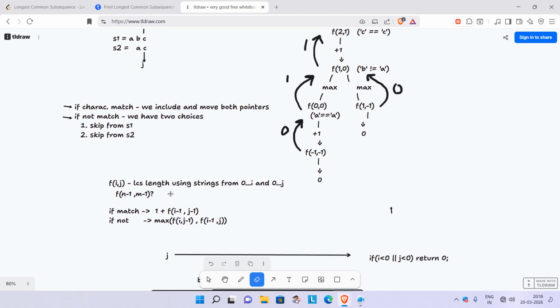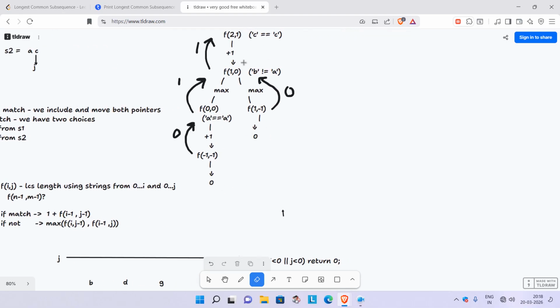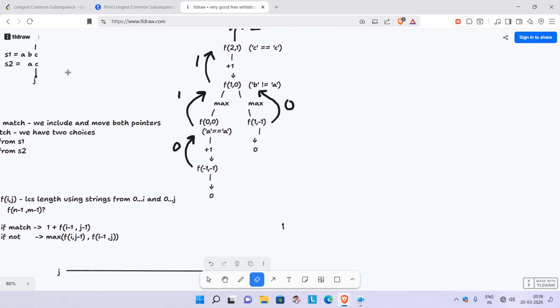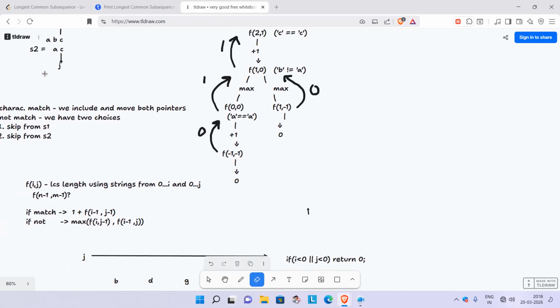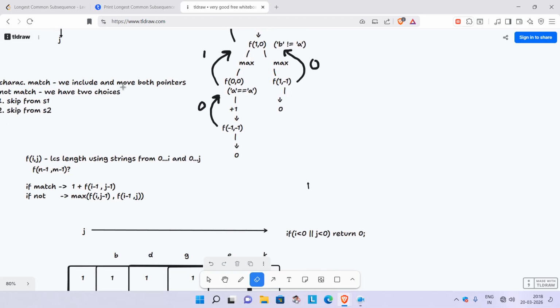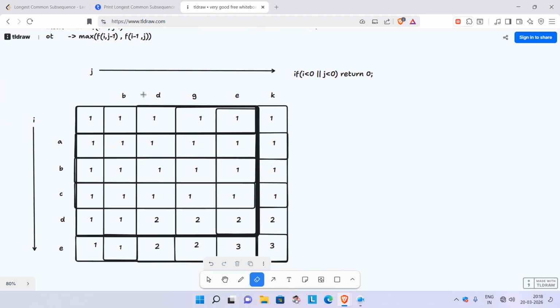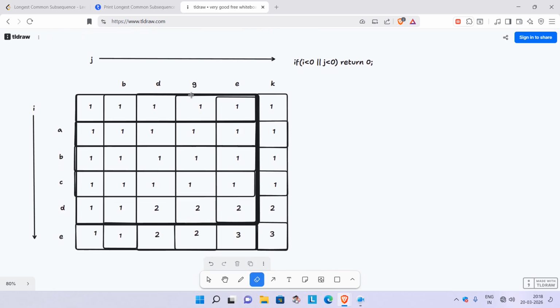I explained this very well in my previous video, where I also explained the dry run for this test case, where s1 and s2 are given. Now, for printing this LCS, we have to go for the tabulation method, where we see how the backtracking actually works.